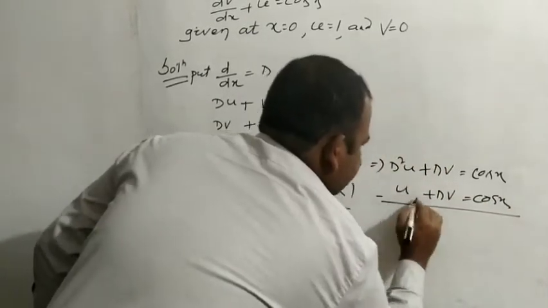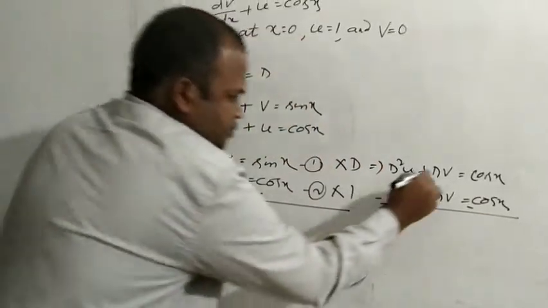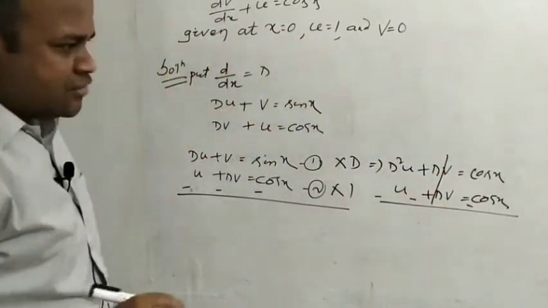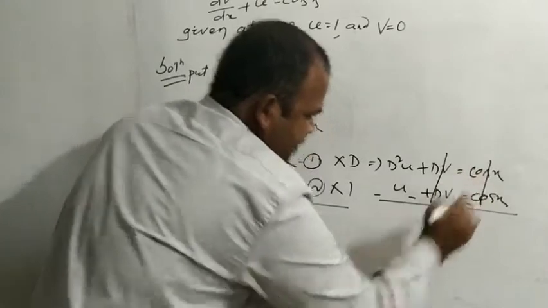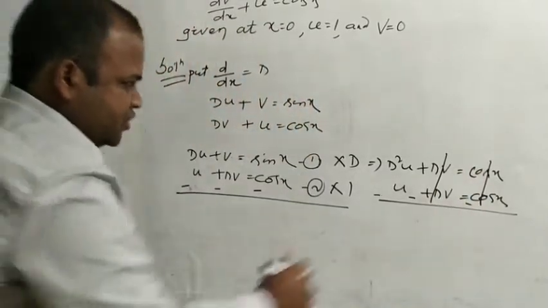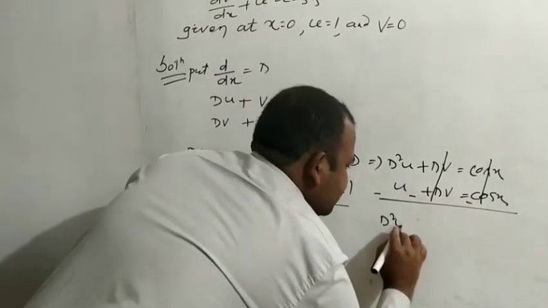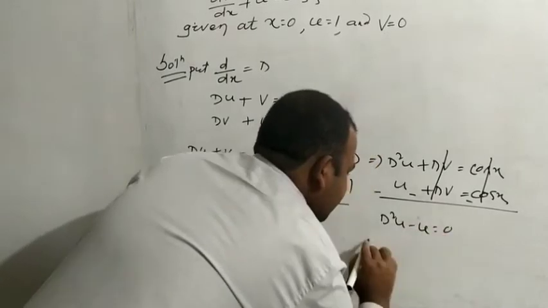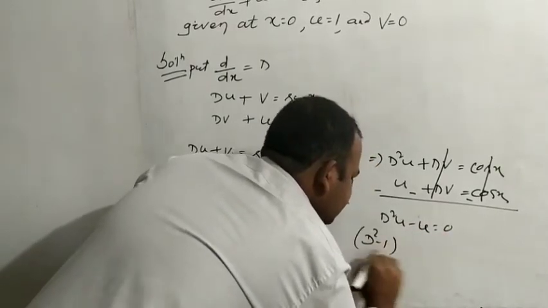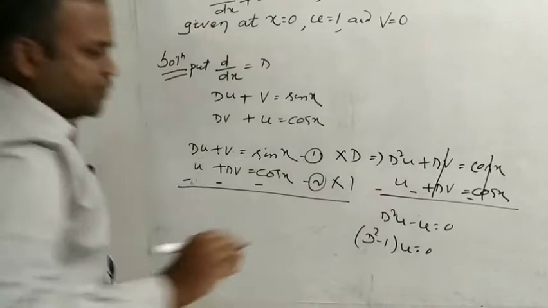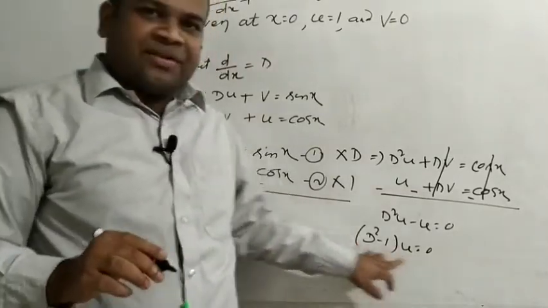Subtracting, Dv minus Dv is cancelled and cos x minus cos x is cancelled. So D square u minus u equals 0, that is D square minus 1 into u equals 0, which is a linear differential equation.